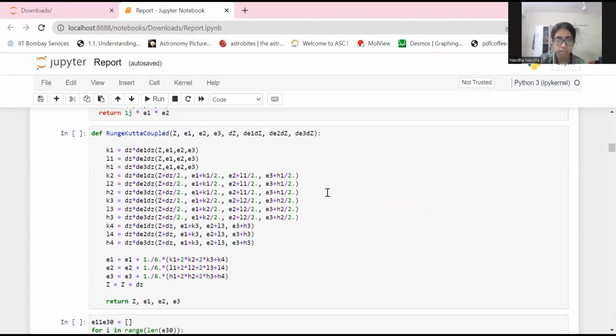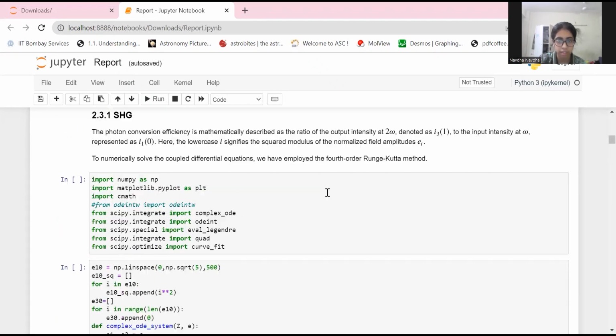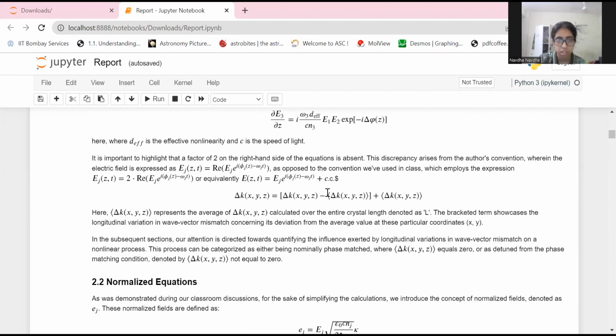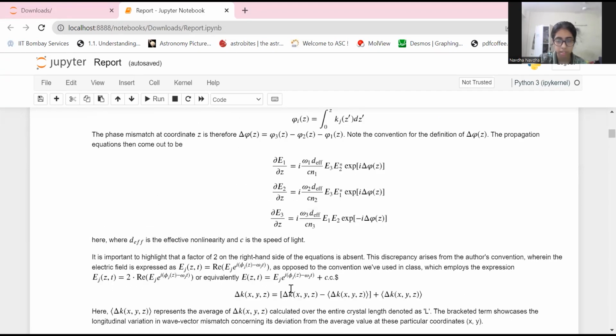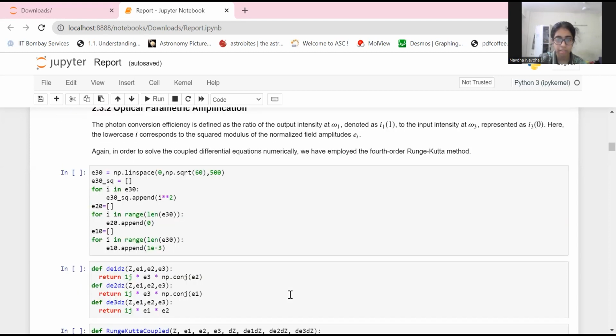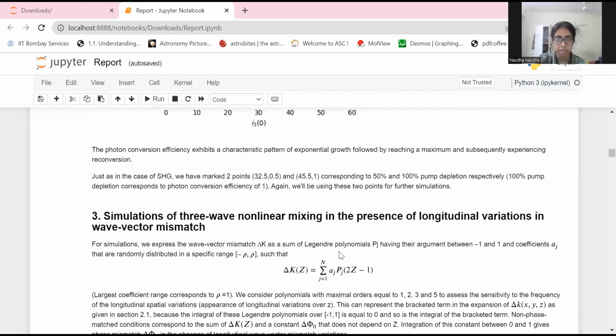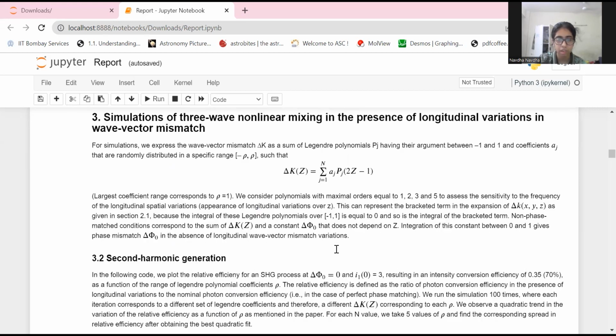So we know that delta kz represents essentially the bracketed term that we observed here. This term is represented by delta kz, and the integral of this term over -1 to 1 is 0. Once we normalize the z coordinate and once we normalize the k, this bracketed term can be suitably represented by the delta capital K of capital Z once we take this form.